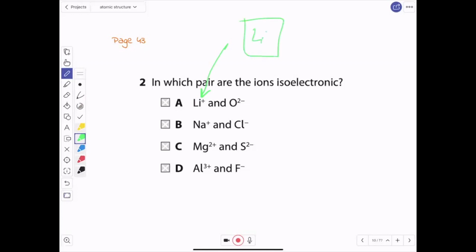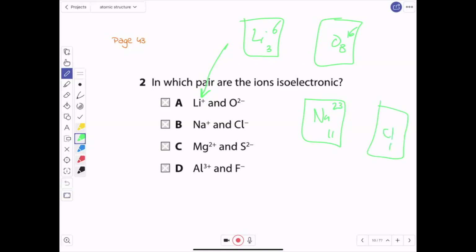So Li is 3, 6. Oxygen is 8, 16. Sodium is 11, 23. Chlorine is 17, 35.5. Magnesium, 12, 24.